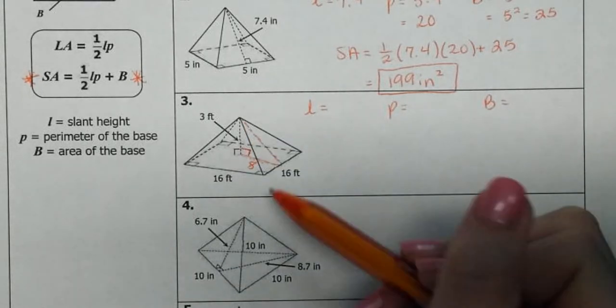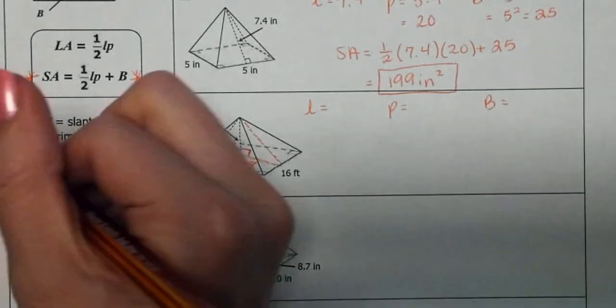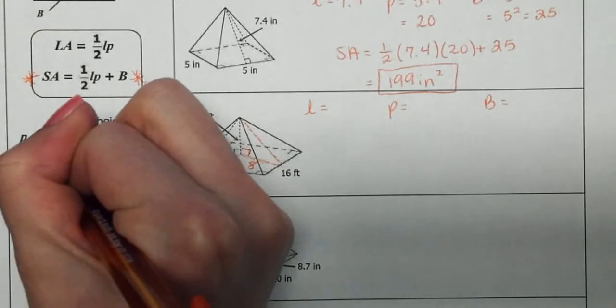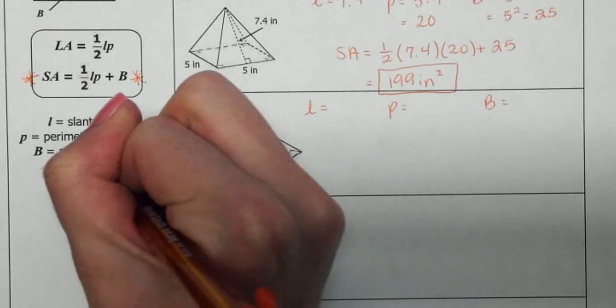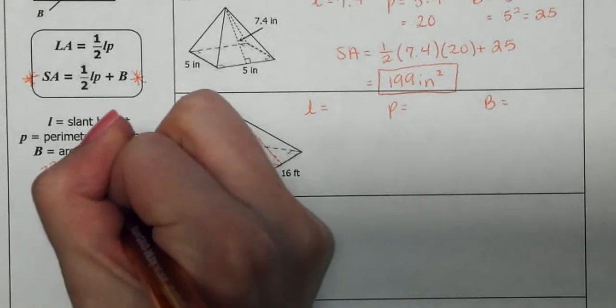That slant height is C in the Pythagorean theorem problem. So I'm going to do 3 squared plus 8 squared equals my L squared. So I've got to add those. 3 squared plus 8 squared, and then I've got to take the square root of it. So my slant height is going to be 8.5.